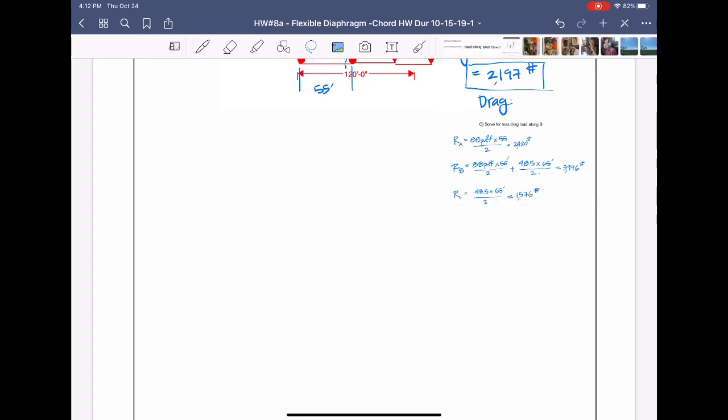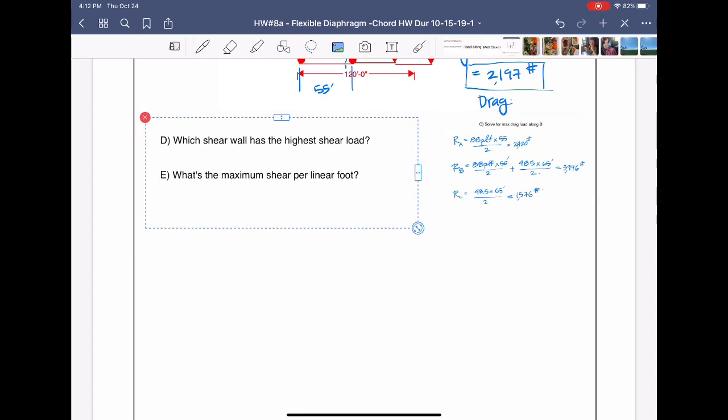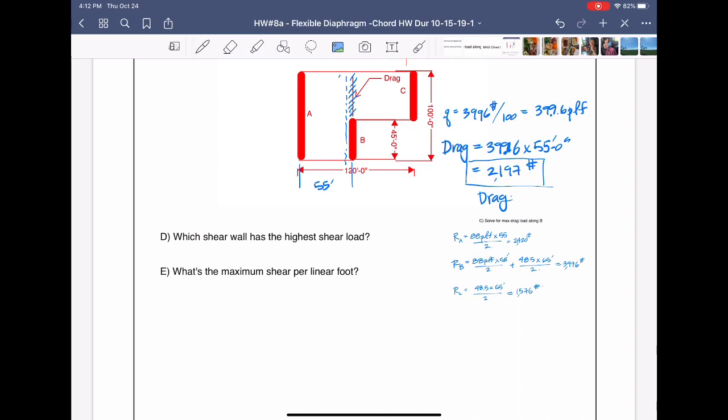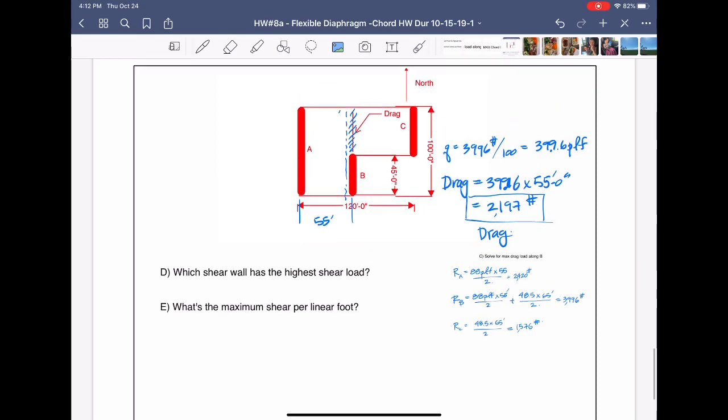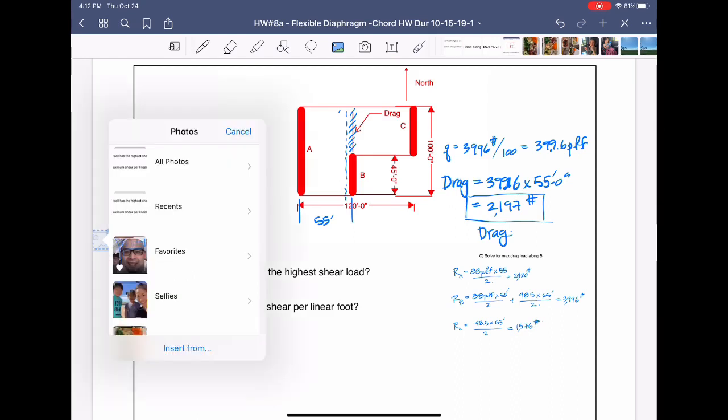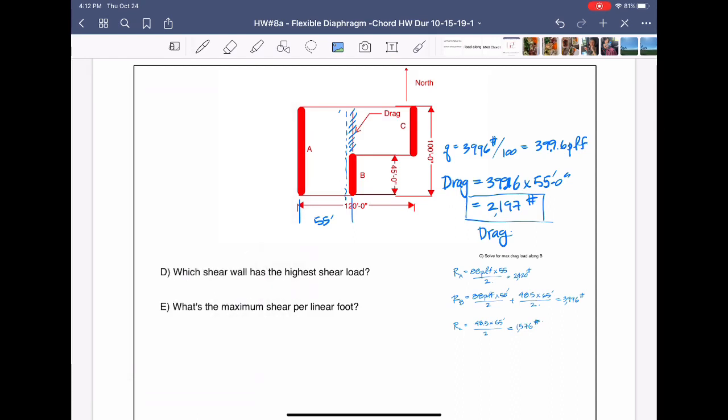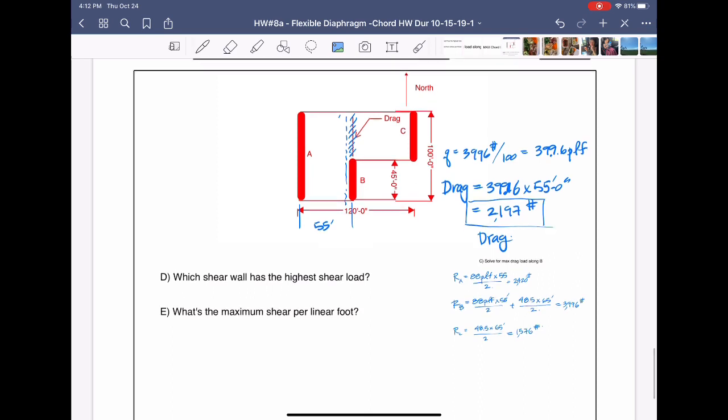And we're gonna answer this question. Which shear wall has the highest shear load? Okay. So what we do is we take our reaction and divide it by the entire length of the shear wall. Remember, entire length of the shear wall, not the entire length of that line. So in the case of B, it's a little different, right? So we're doing D. Highest shear per shear wall load. So let's do this.